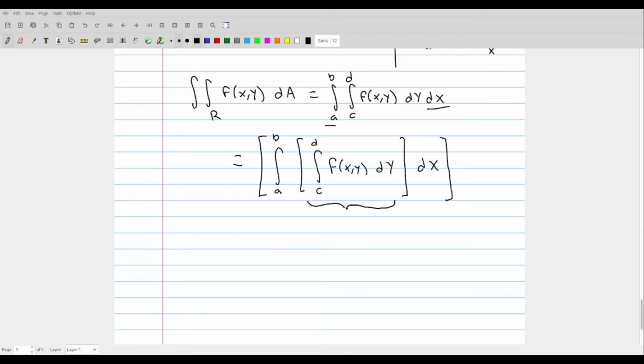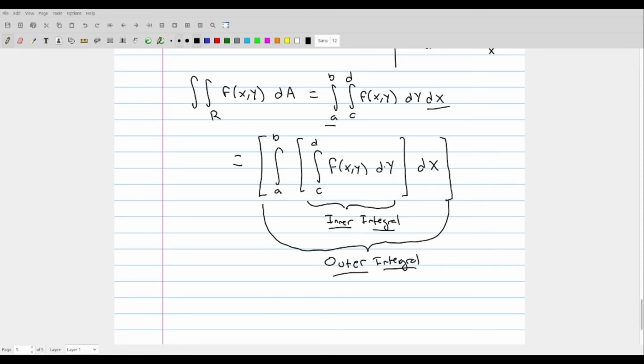Whenever you see this iterated integration, the innermost bound of integration is connected with the innermost variable here. This is called the inner integral, or the inner iterated integral. And then the outer integral, or the outermost iterated integral, is this x integral.